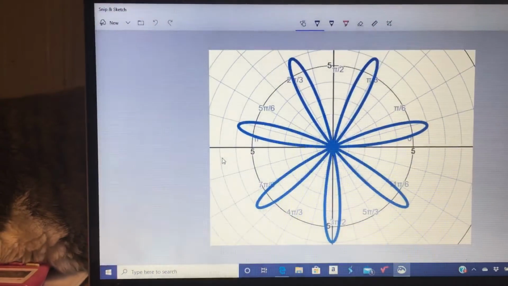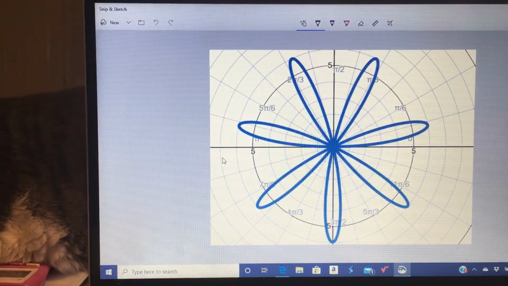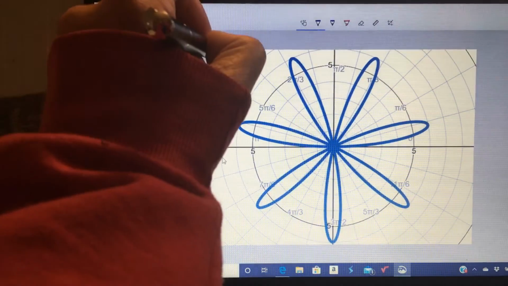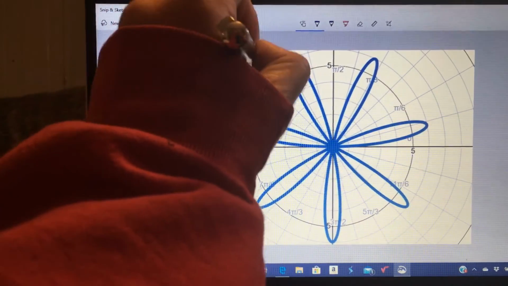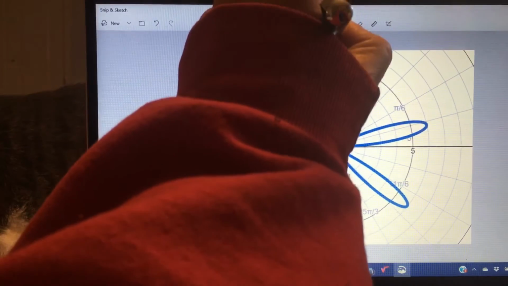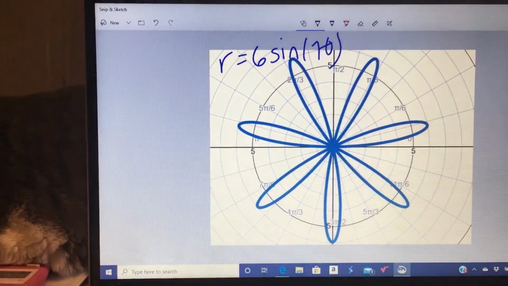Okay, so if I gave you a problem like this, on the back of your ditto there's a little chart, and it says please fill out this chart. So I gave you an equation, and this one would have been r equals 6 sine 7 theta. The questions say number of petals.